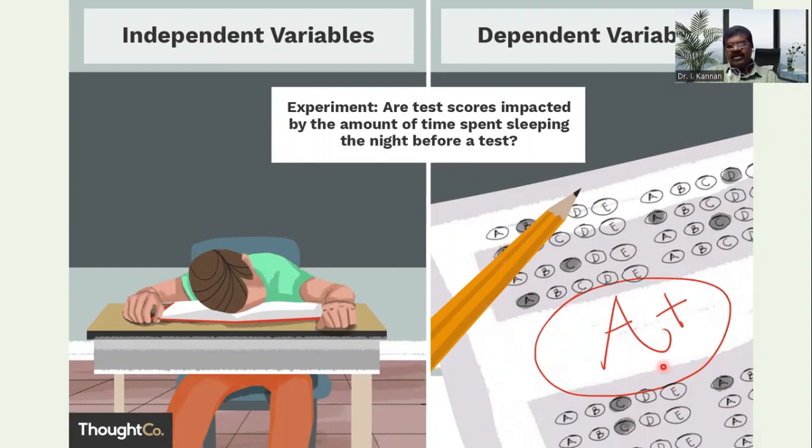So the score becomes the dependent variable, and it varies based on the sleeping pattern. Likewise, for any study with two variables where you want to find a relationship, you have to find out which is the independent variable and which is the dependent variable. Without this, you cannot decide what statistical test you are going to do.